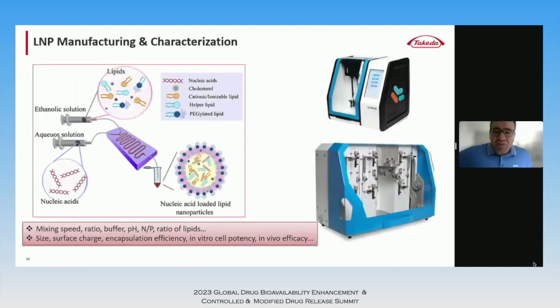Okay, so once you have your ionizable lipids and other components, the LNPs can be prepared by rapid mixing of the ethanol with nucleic acid cargos in acidic buffer using a microfluidic mixing. In our labs, we have these two mixing devices.